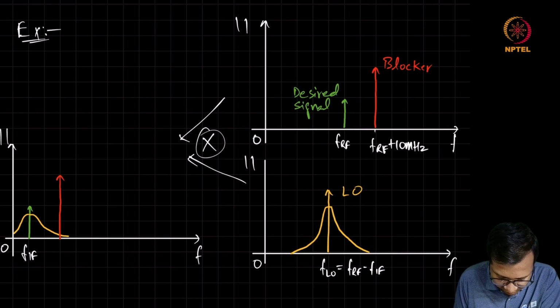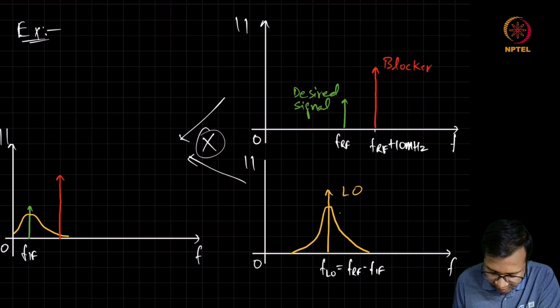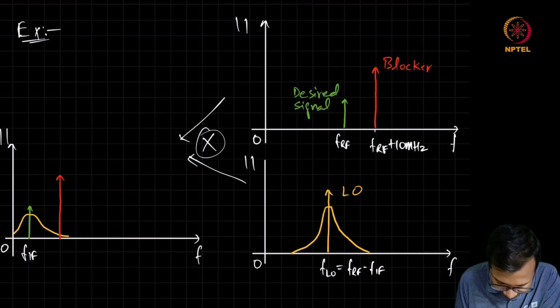But in addition to the blocker coming as it is, we will also have the side skirts because of the LO phase noise.